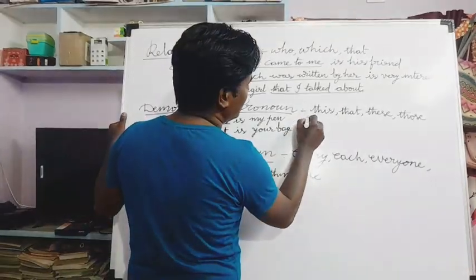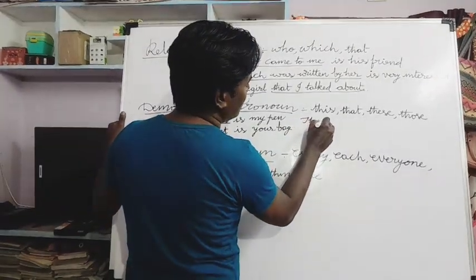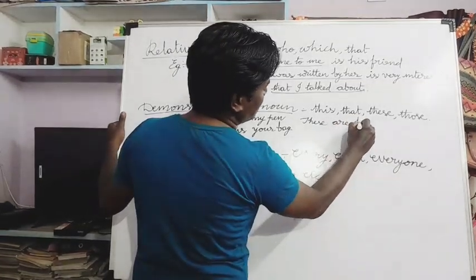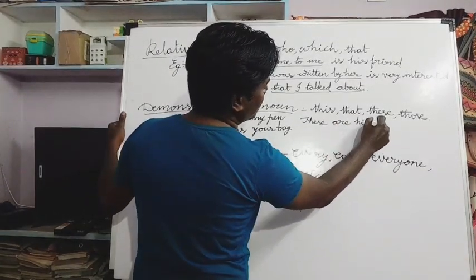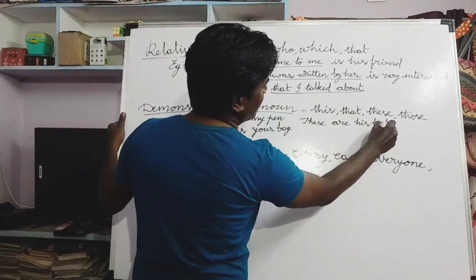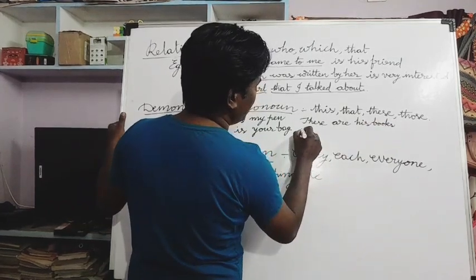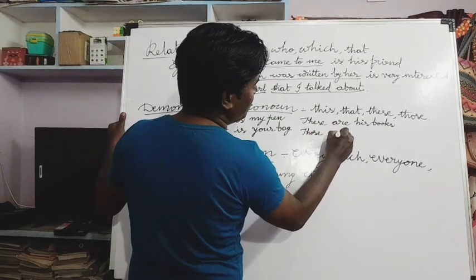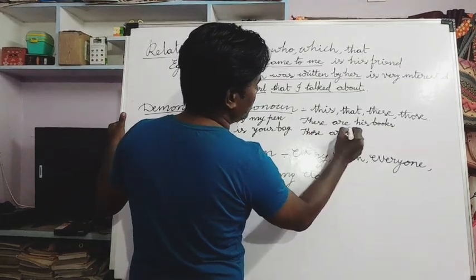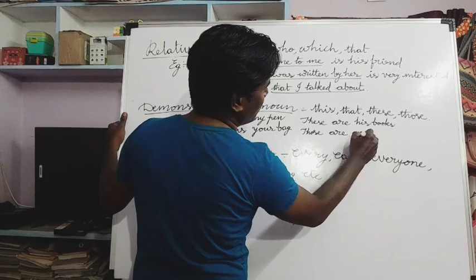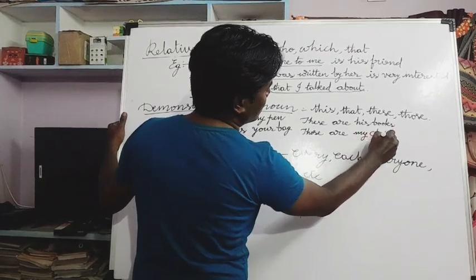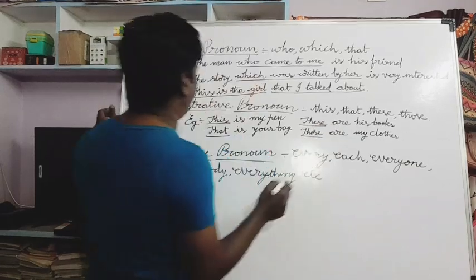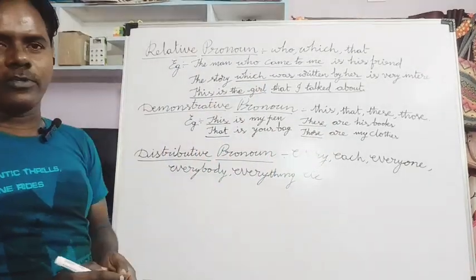Then, these are his books. Next, those are my clothes. Like this we use these demonstrative pronouns.